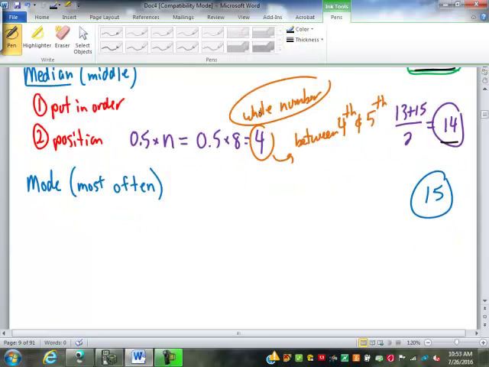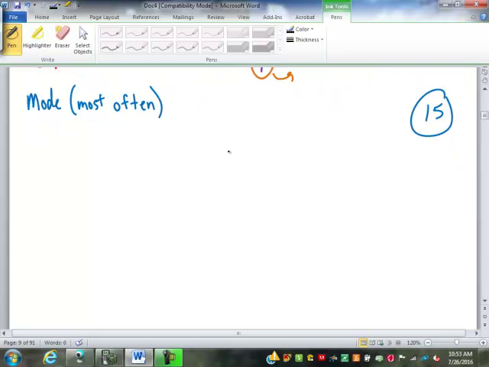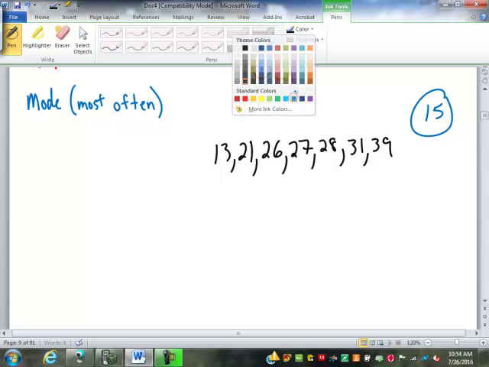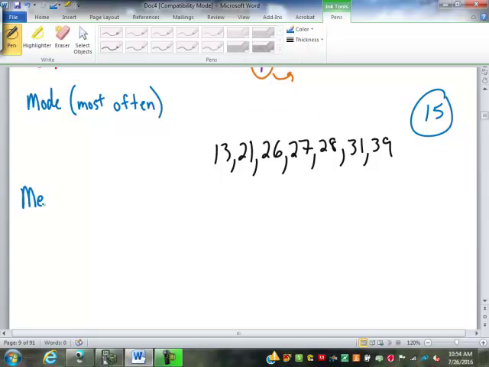Let's do another example of each of those. Let's do another data set. So here's another data set. Talk me through finding the mean.